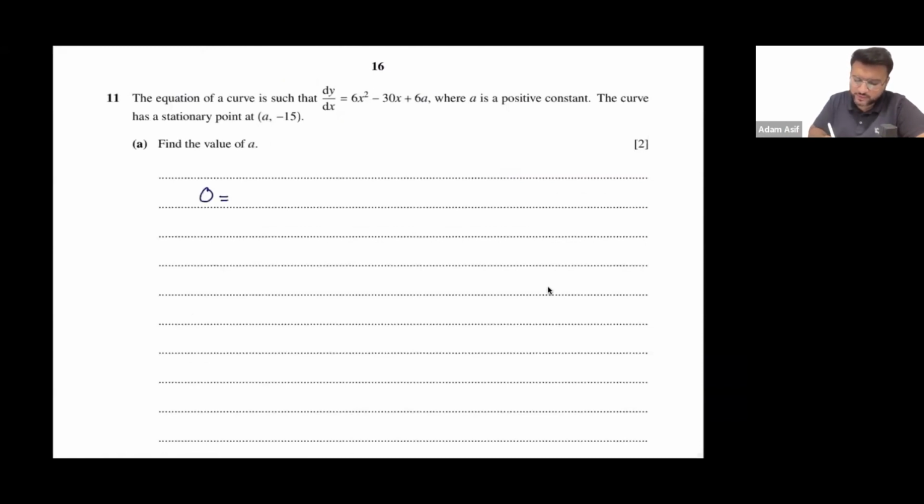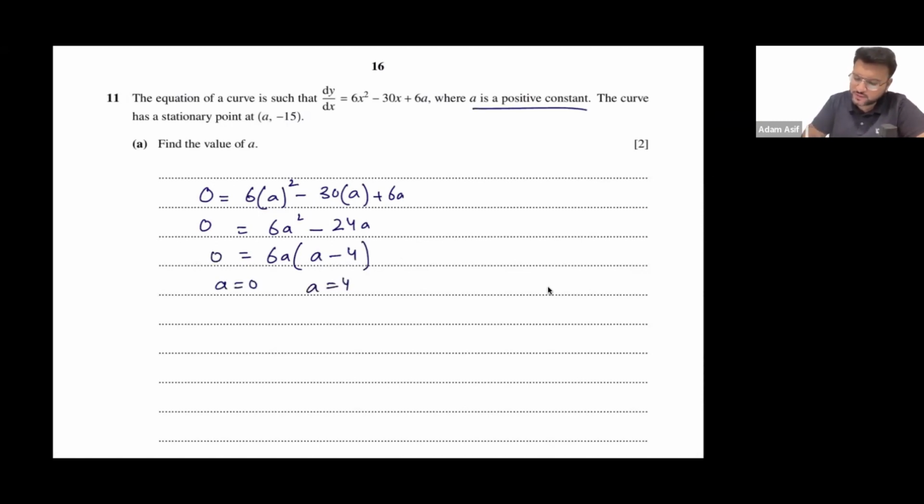So dy by dx would be equal to 0 and the x value would be plugged in as a. 6a squared minus 30a plus 6a is minus 24a. Taking 6a common out, it's going to be a minus 6, a minus 4. So one value of a is 0 and the other value of a is 4, but a is a positive constant, so a equals 4 only.